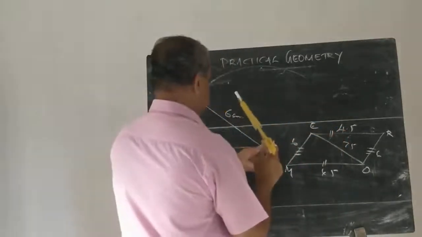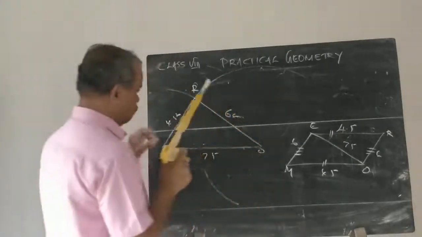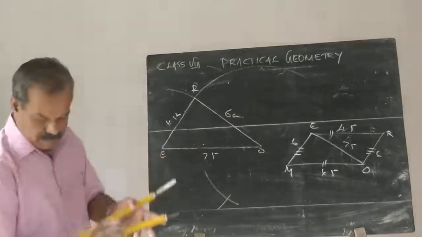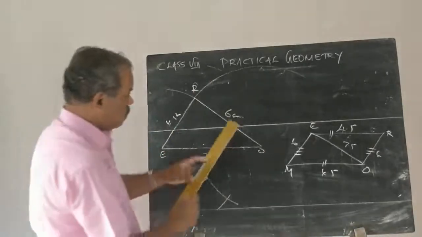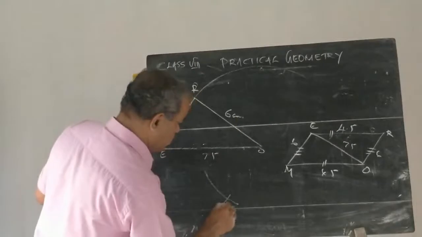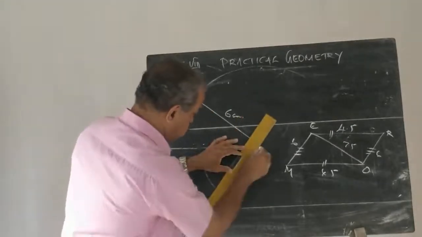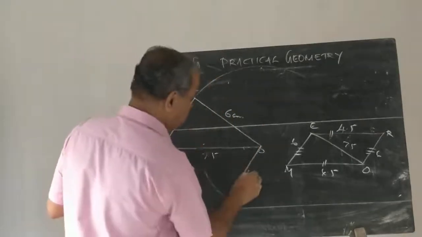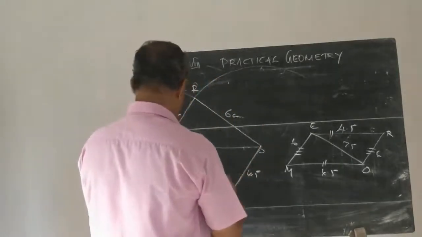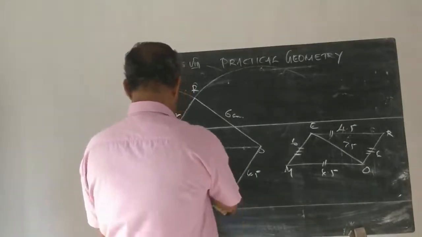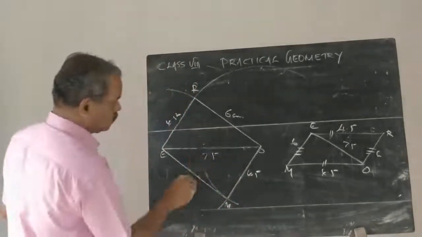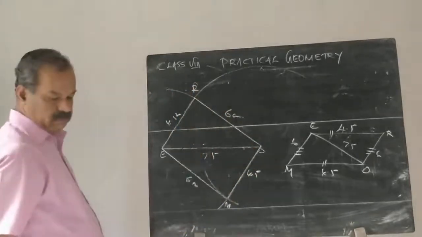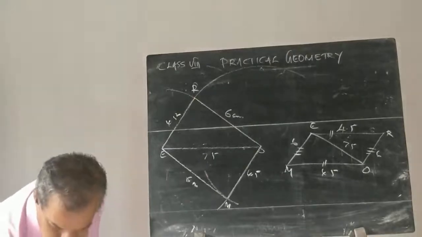This is 6 centimeters. Then join. MORE is the required parallelogram. So do all these questions in this manner.